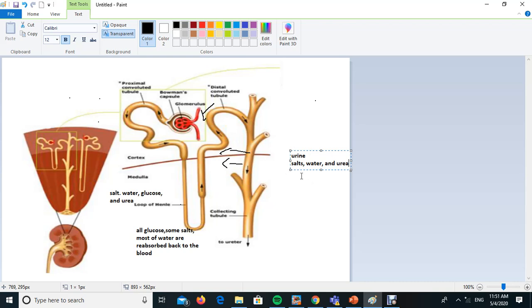By the way, both kidneys filter every day 170 cubic decimeters of water, and 1.5 cubic decimeters of urine are produced in the same period. So our kidneys have lots of work to do. That's why we should watch what we eat and what we drink.